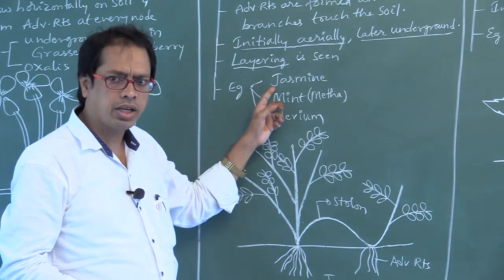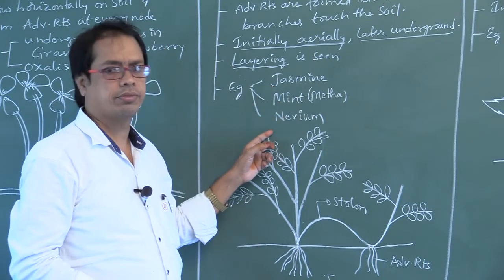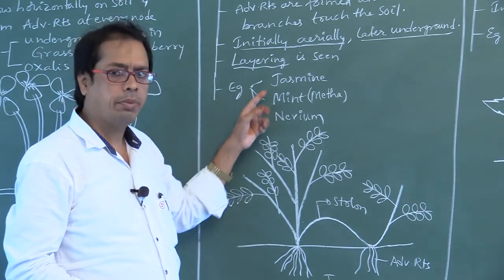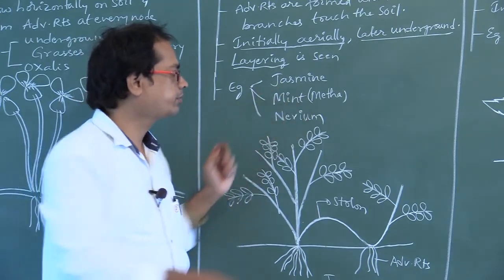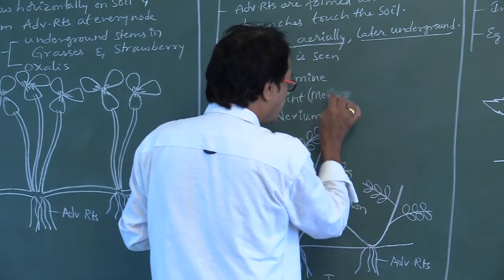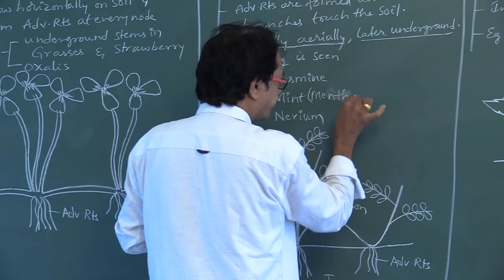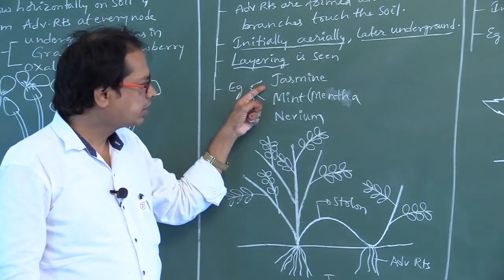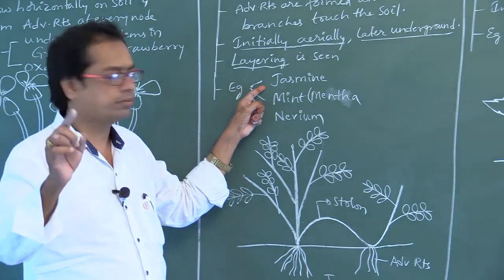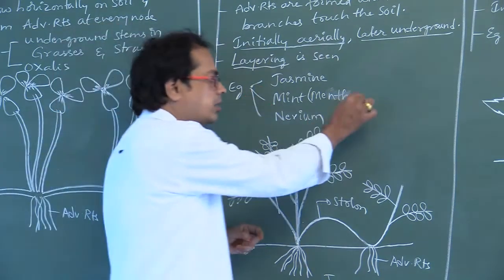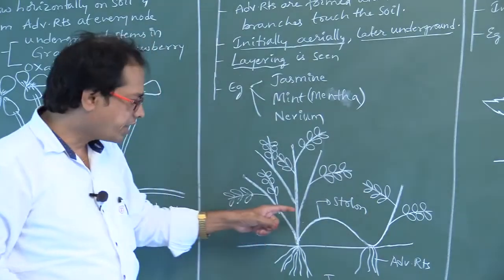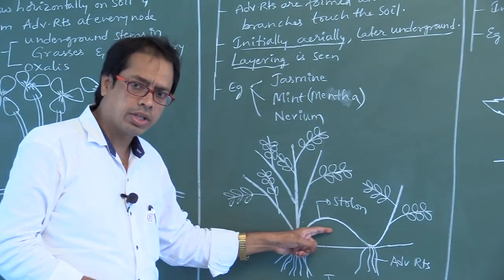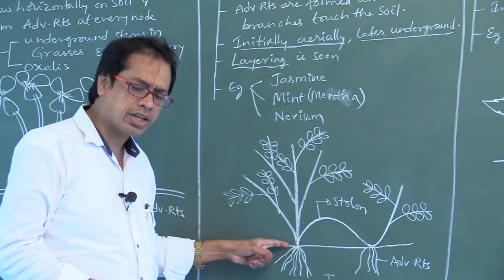Jasmine, scientific name Jasminum; mint, scientific name Mentha; and nerium. So, where does this lateral branch develop? From the base of the main axis.